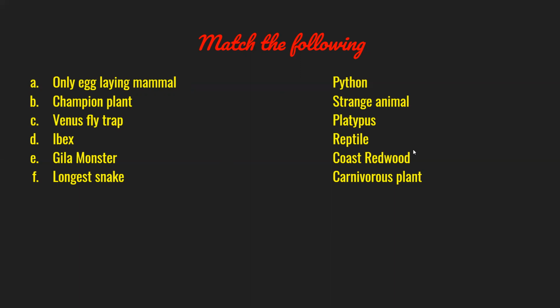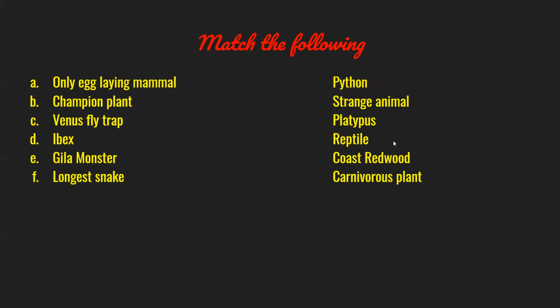And the second side: python, snake, strange animal, platypus, reptile, coast redwood. Coast redwood, I will tell you the champion plant. Why is it called the champion plant?